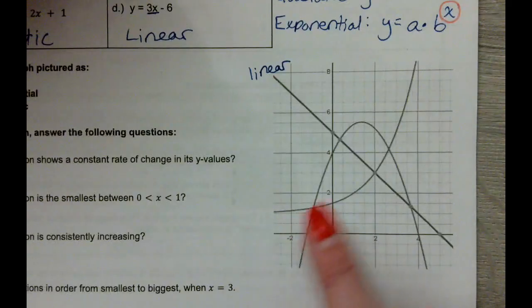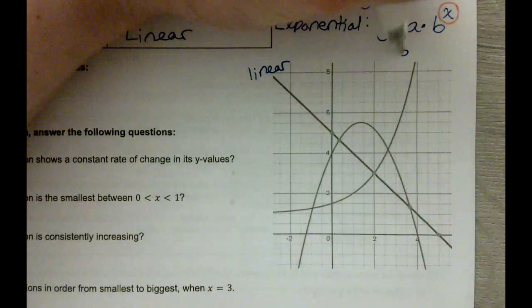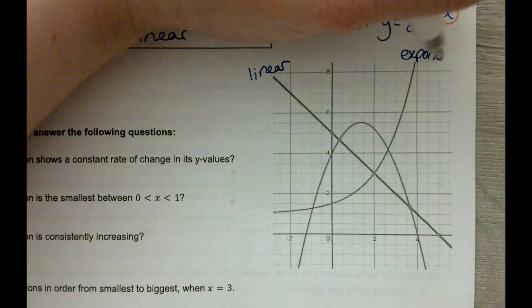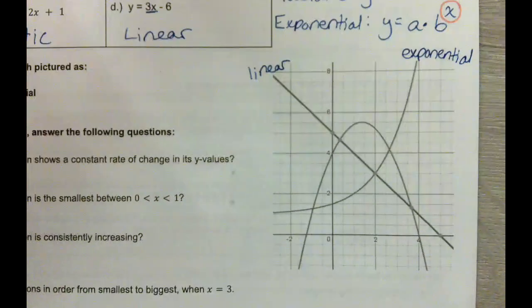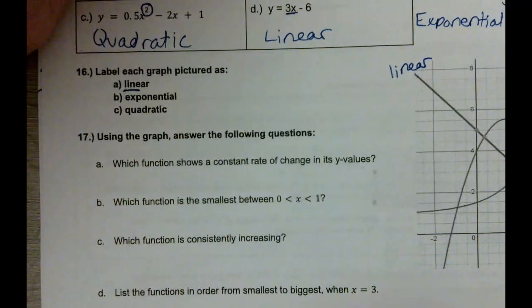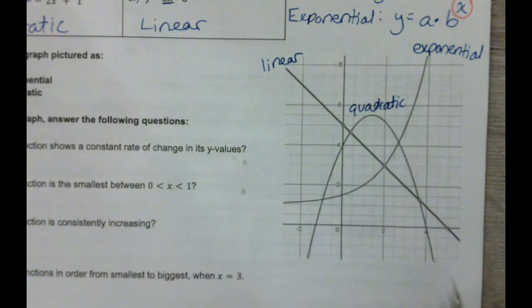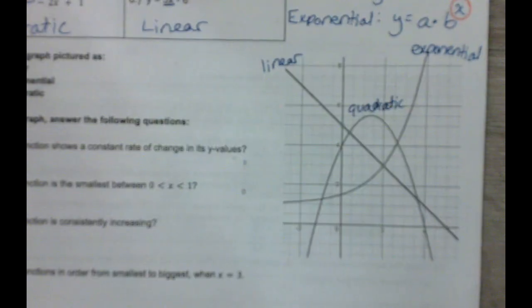That's the one that gets very big very quickly. And lastly, the quadratic. That's going to be the last option here. Plus, you should be familiar enough with the quadratic. It's a parabola. It's that U-shaped curve. So those are my 3 functions.